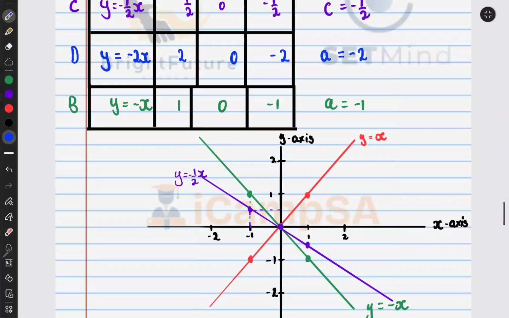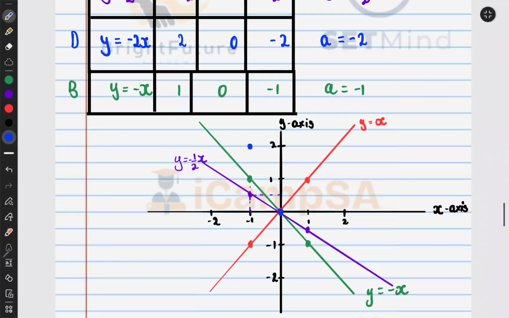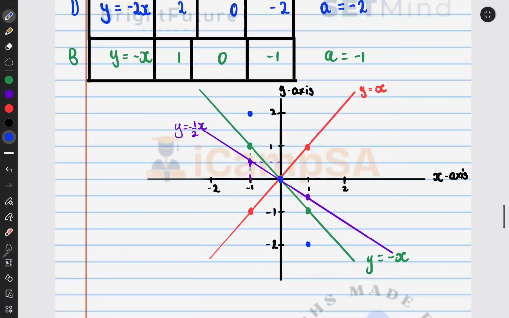Y output is 2 here, and then 0 and 0, and then where x is 1, now we have negative 2, and then we simply join the points.